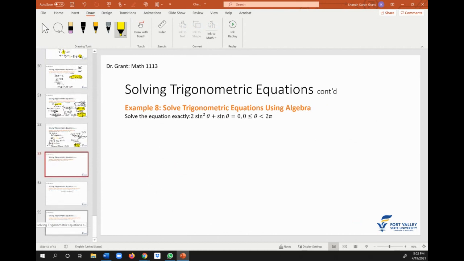Alrighty, so here we're asked to solve 2 sine squared theta plus sine theta equals 0. We don't even have to let x be anything here. You could simply look at this as a factoring problem.